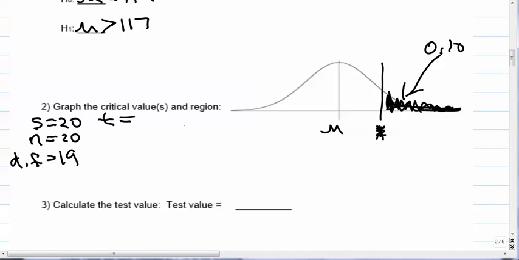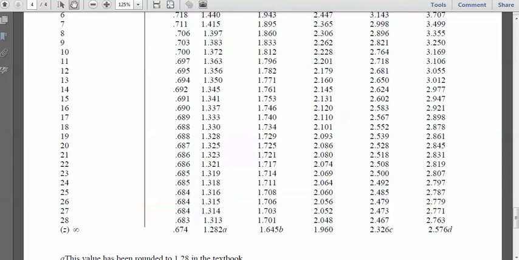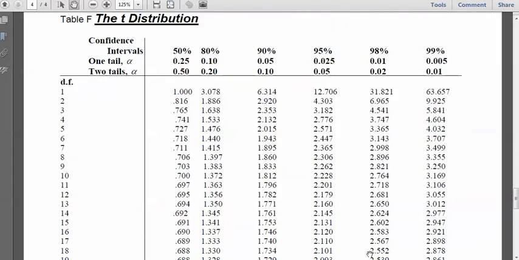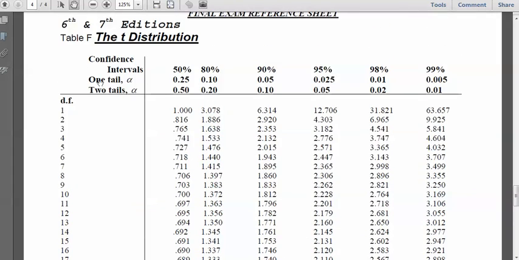All right. So now I'm going to go to the t-table to determine what the critical region is going to be. The critical point, I like to call this. So going to the t-table. Now, if you look at the top of the t-table, this is a one-tail test, meaning we only have one side. We're working with alpha equal to 0.10.